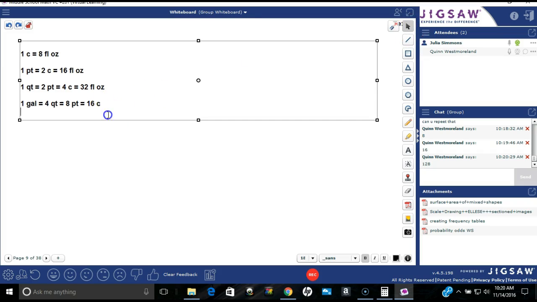Fantastic. So in 1 gallon there's 128 fluid ounces.